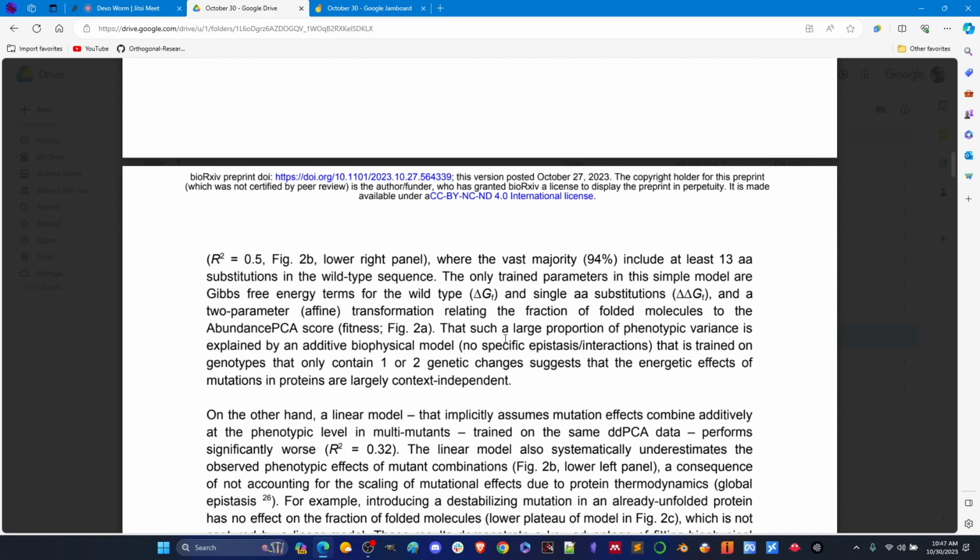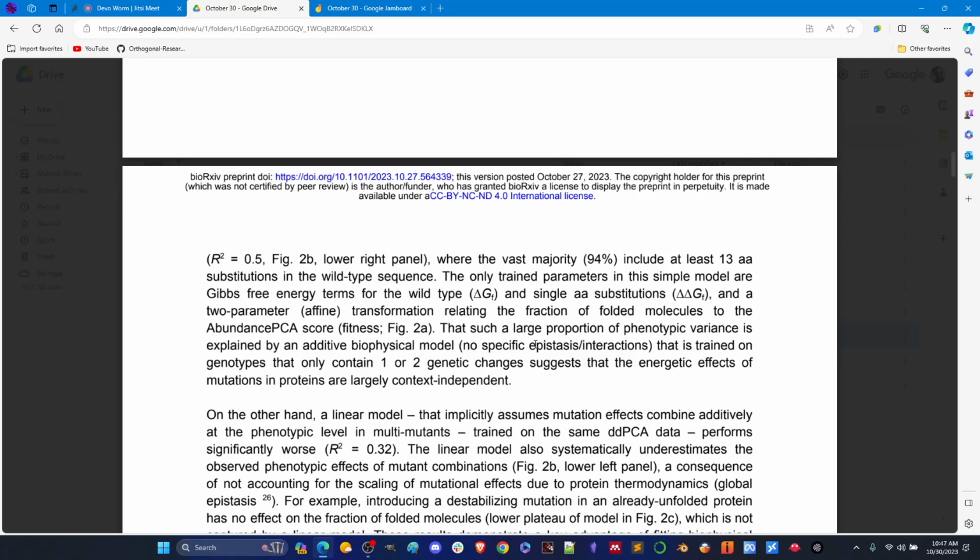The only trained parameters in the simple model are Gibbs free energy terms for the wild-type, which is one genotype, and the single amino acid substitutions, which is the non-wild type, and a two-parameter affine transformation relating the fraction of folded molecules to the abundance PCA score.